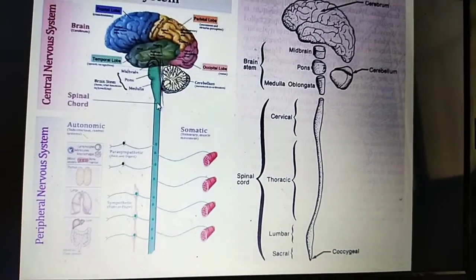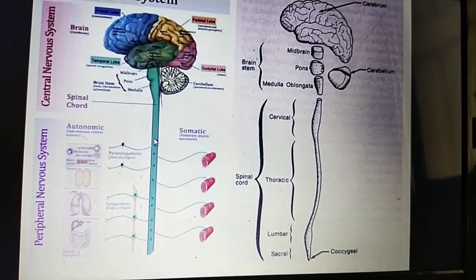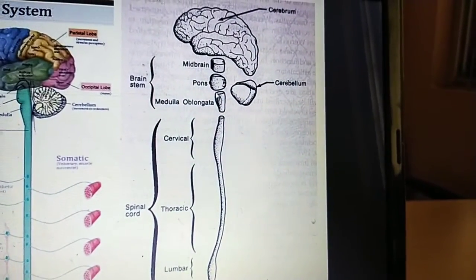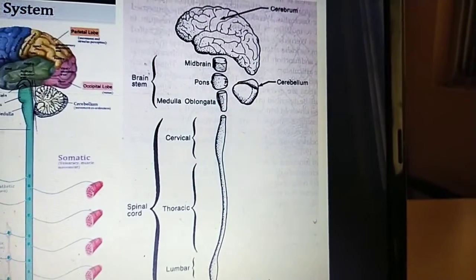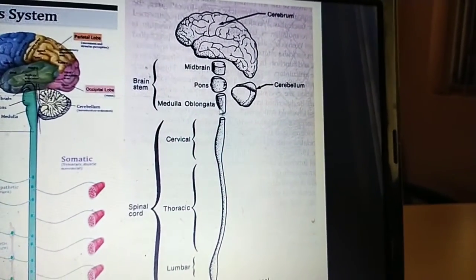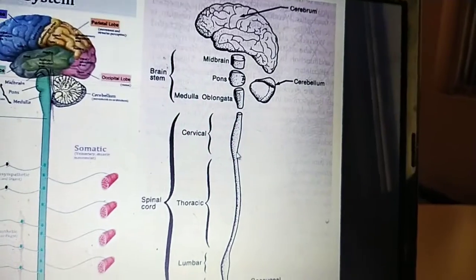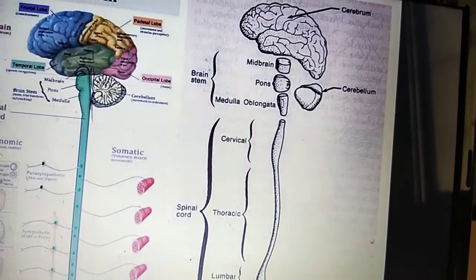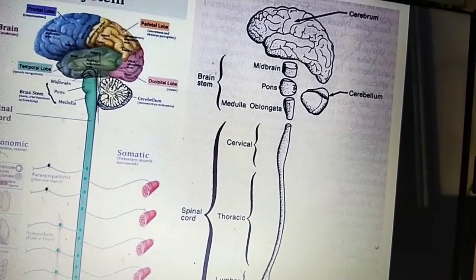Medulla oblongata continues with the spinal cord. You can see in this picture also midbrain, pons, medulla oblongata. All three together are called the brainstem, and medulla oblongata continues with the spinal cord.